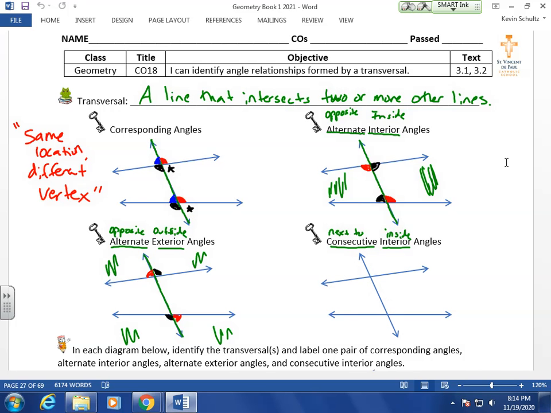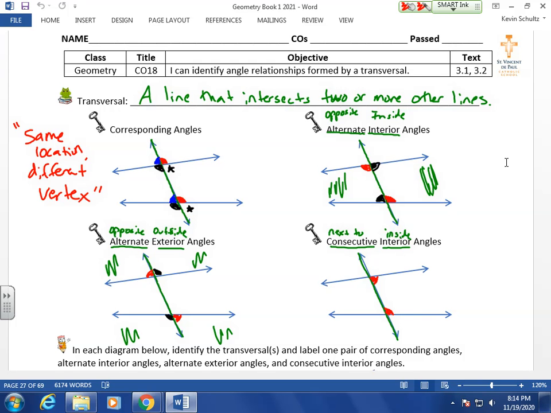So when you retrace our transversal here, an example of angles that would be consecutive interior, right there. Okay, two vertices, right? They're next to each other in the sense that they're on the same side of the transversal.